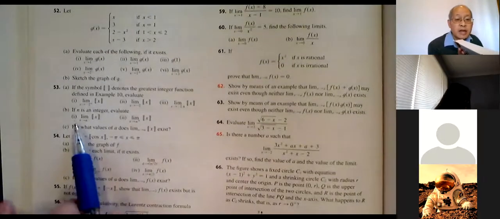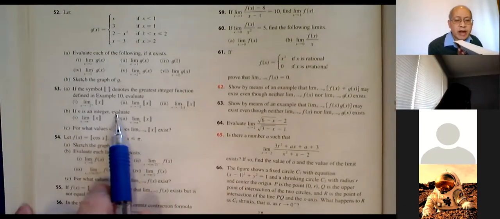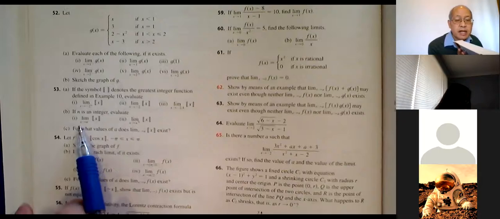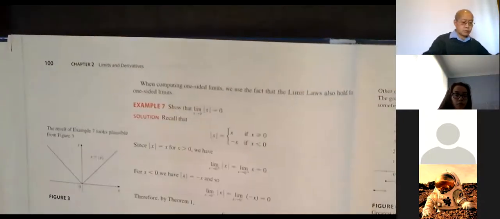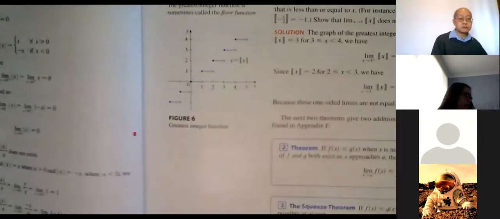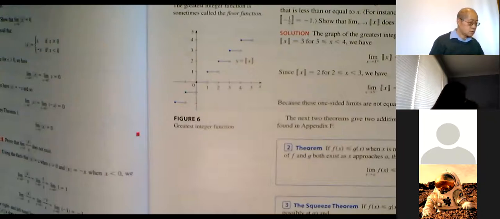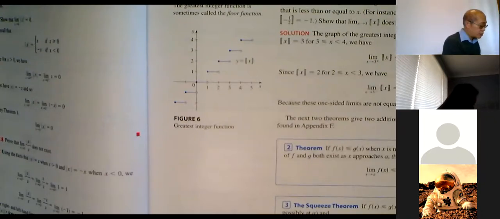All right, now, if n is an integer, evaluate the following. x approaches n from the left, x approaches n from the right, where n is an integer. Okay, so maybe the best way to do that is to think of an integer. All right, so let me just pick a number like 1 and see what happens with 1.